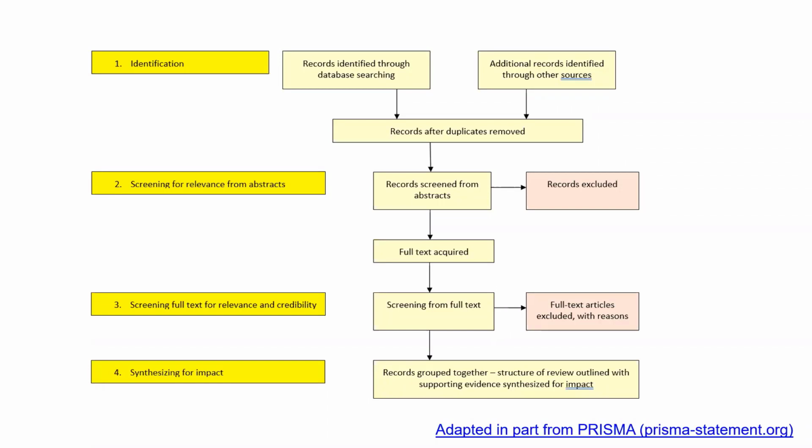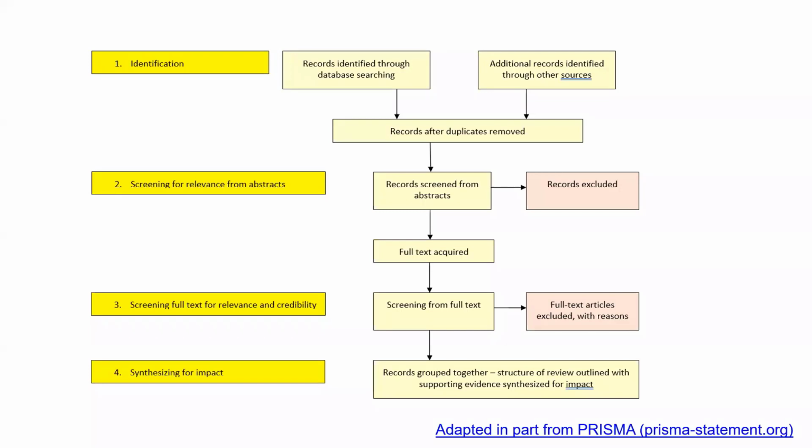And then you go through the stage of first screening your records just from the abstracts. And so you'll exclude some because they're very obviously, even though they were picked up in your search, they're very obviously not actually relevant to what it is that you're looking for. And then with the remaining ones, you get hold of that full text.